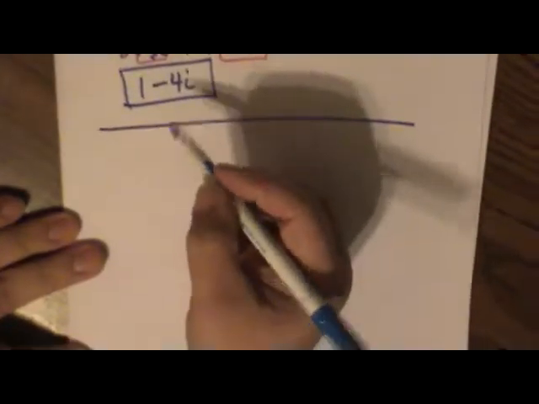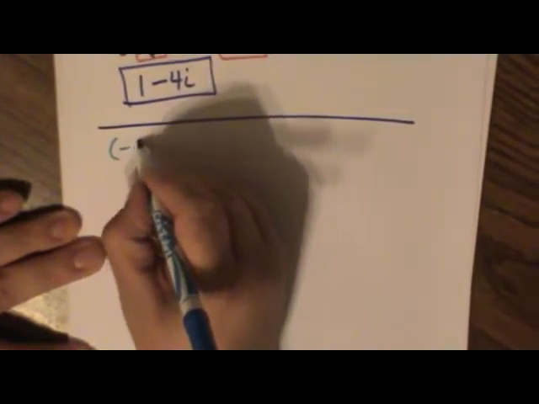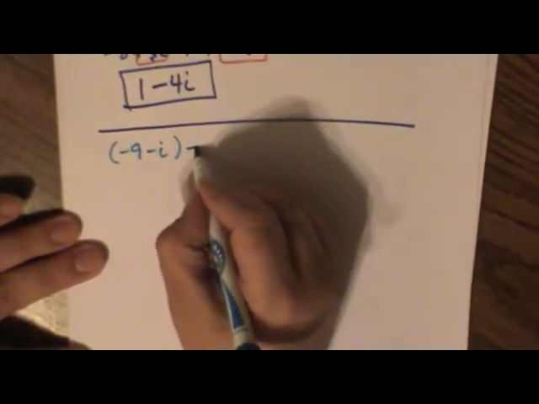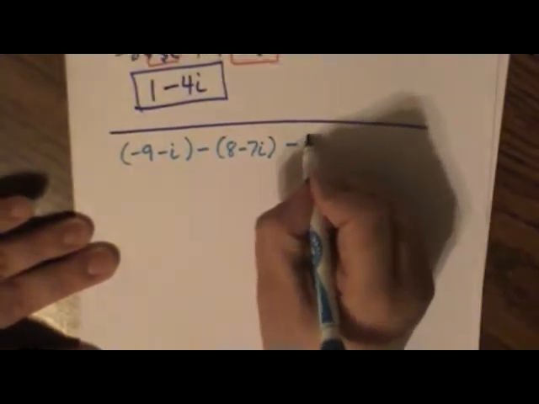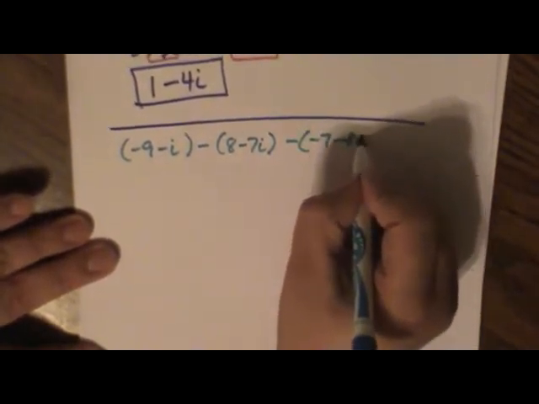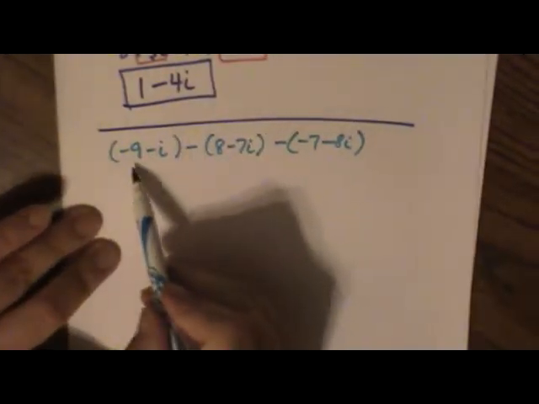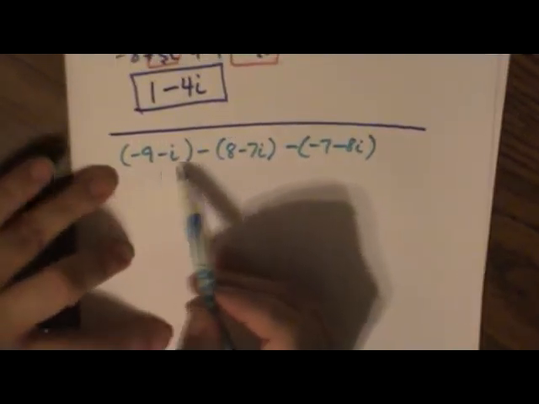Okay. Now let's make it a little more complex with a little more information. We have negative 9 minus i, minus 8 minus 7i, minus negative 7 minus 8i. We can't combine anything inside our terms, so let's look outside and get rid of our parentheses.